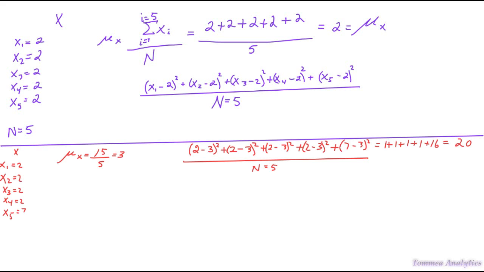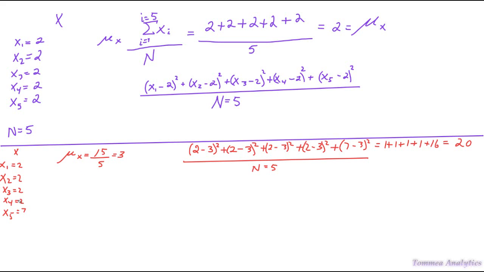Now to illustrate further, I changed one of the observed values in this data set. I changed the fifth observation to a 7. I calculated the population mean of this data set, which is 3.